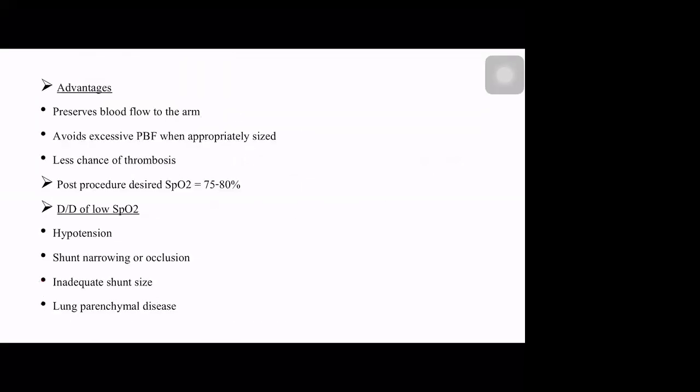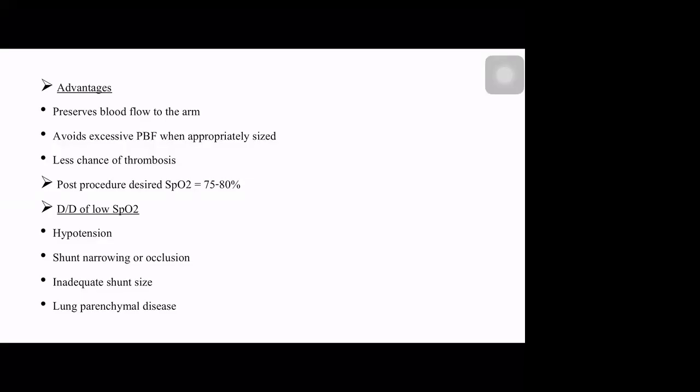What are the advantages of modified BT shunt? It preserves the blood flow to the arm. So the blood flow to the arm is not jeopardized if a Gore-Tex graft is placed in the form of a modified BT shunt. It avoids excessive pulmonary blood flow when appropriately sized. So pulmonary overcirculation in the post-procedure period is not found.